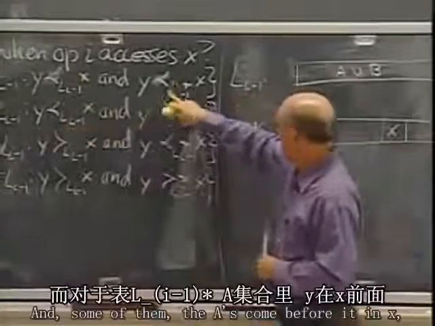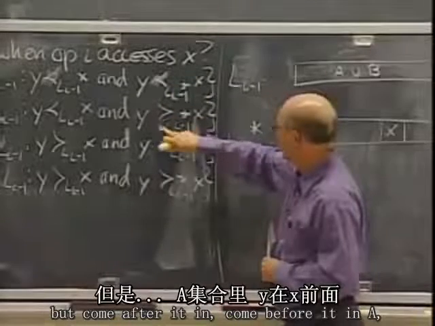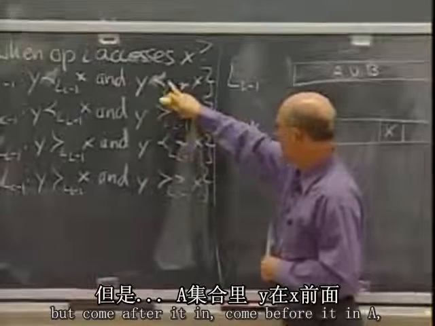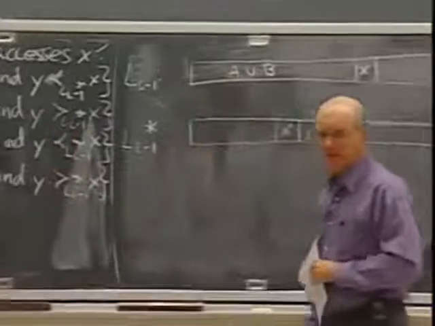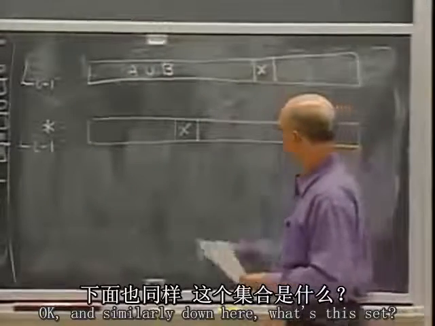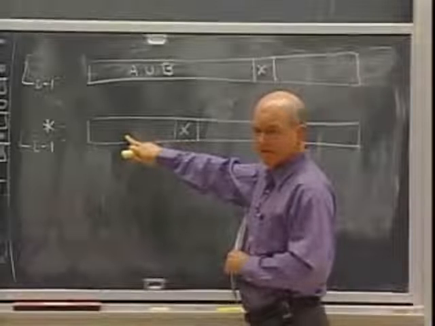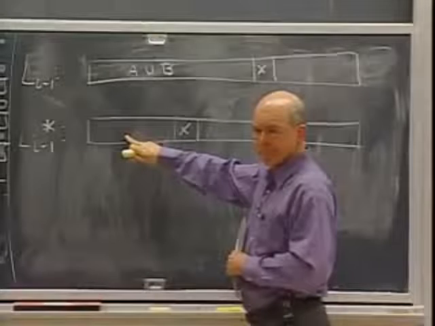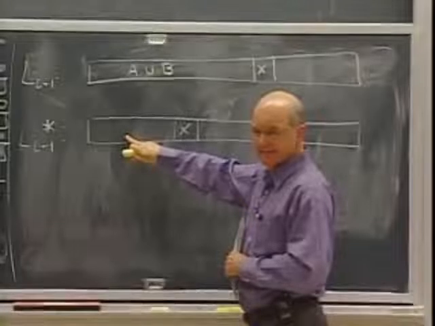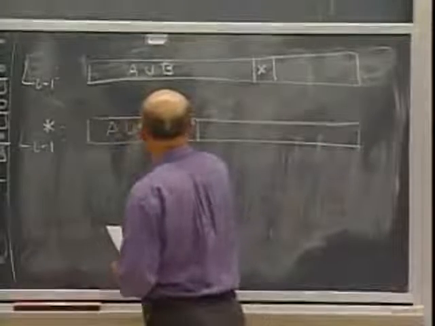Some of them, the B's, come before X in one list, but come after it in the other. Similarly, down here, what's this set? That's A union C. And this one?